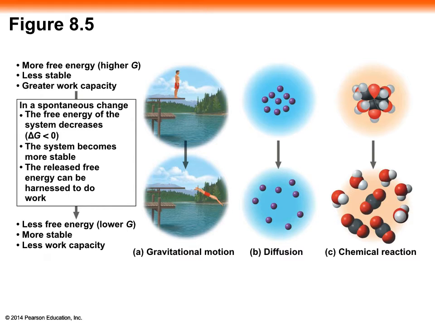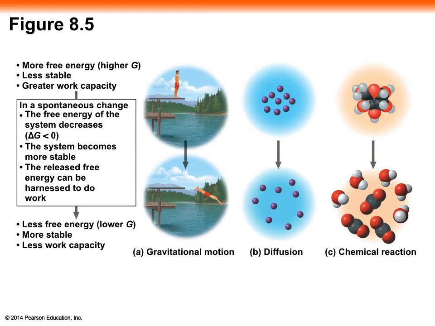Therefore it's negative delta G, therefore it's spontaneous. Going from less stable to more stable. You should see the connection between all those things and draw connections between all those different questions.